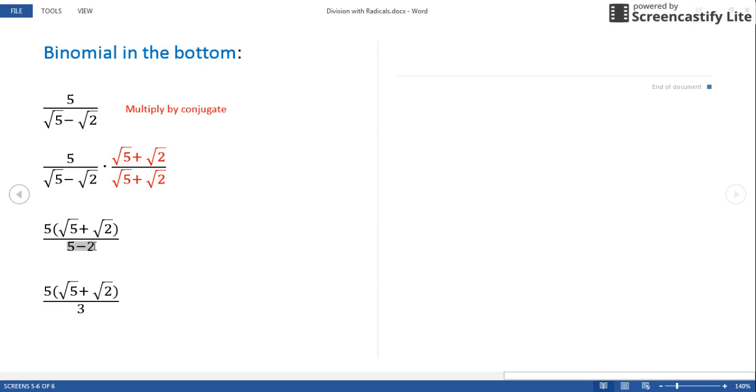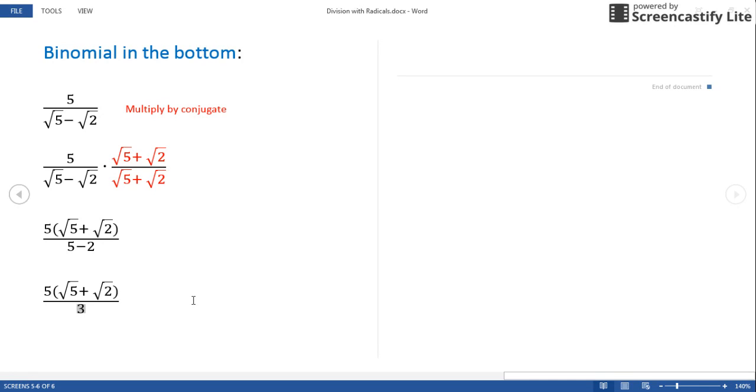Well, 5 minus 2 with no radicals can be combined. 5 minus 2 gives me 3. There's not any canceling that can be done, so this is sufficient for our answer. If you are asked to simplify it further, you could distribute the 5 to make it 5 square root of 5 plus 5 square root of 2 all over 3. But most of the time, we'll be able to leave it right here.